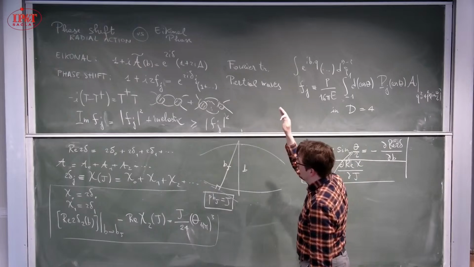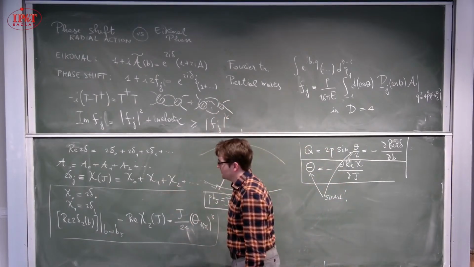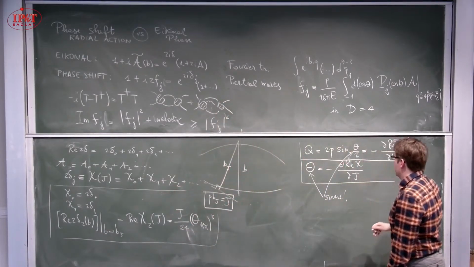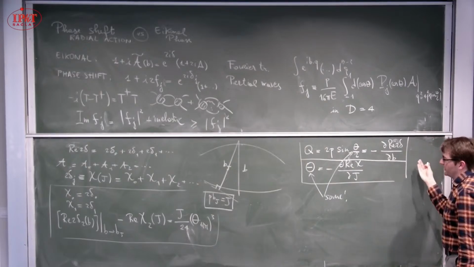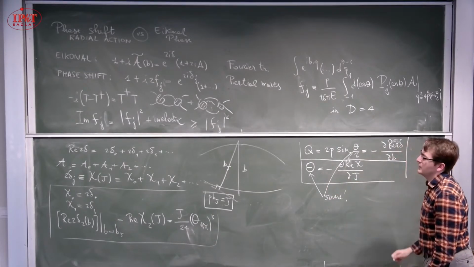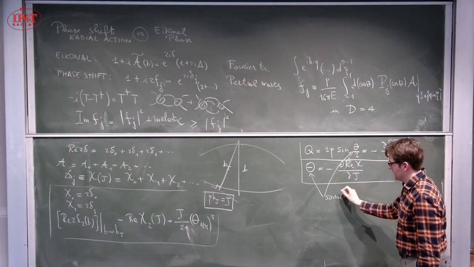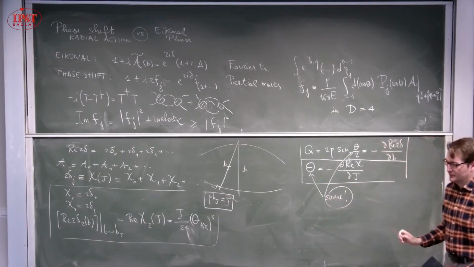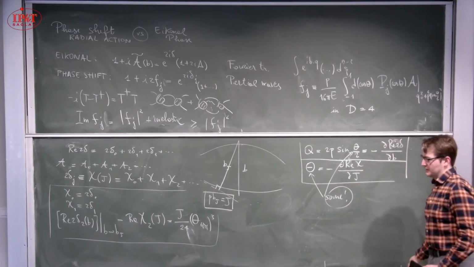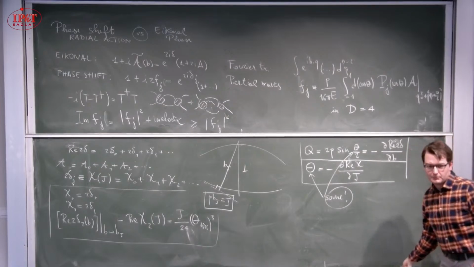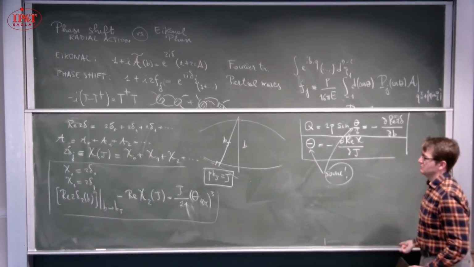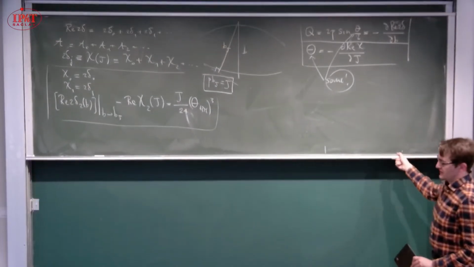One is the eikonal phase, and the other is this phase shift. And then they are related in a slightly different way to the observable, the deflection angle, and the difference between the two is precisely such that you get the same deflection angle. Any question?